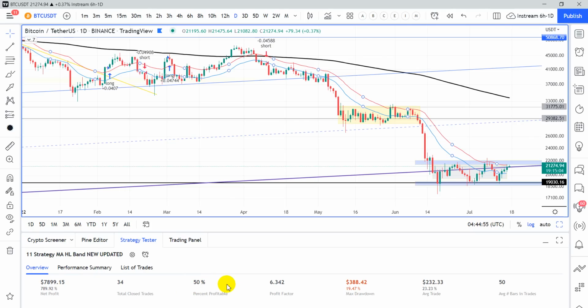I think these strategies are fake, and they're just showing you, for example, a small period of time on the trend, which will have a huge percentage.